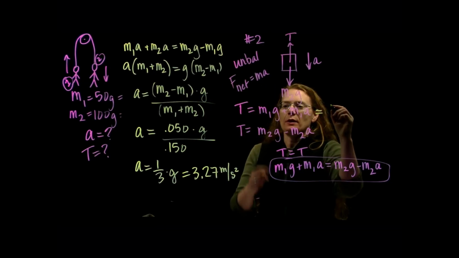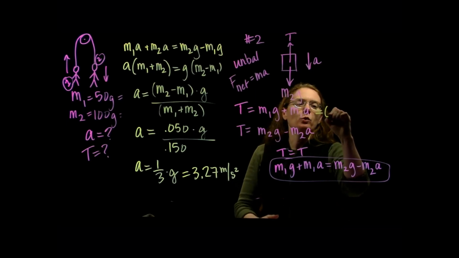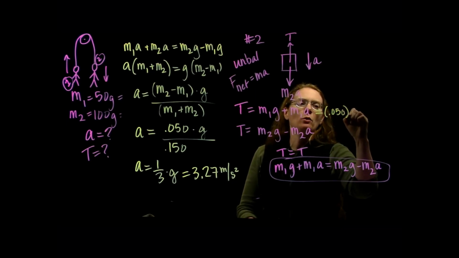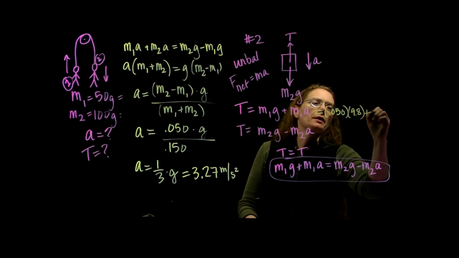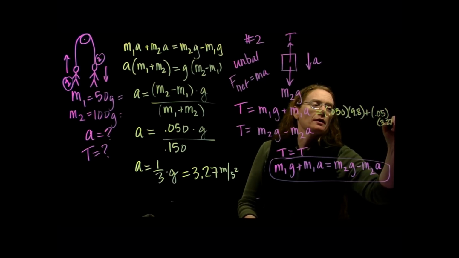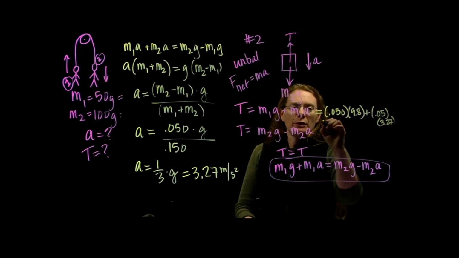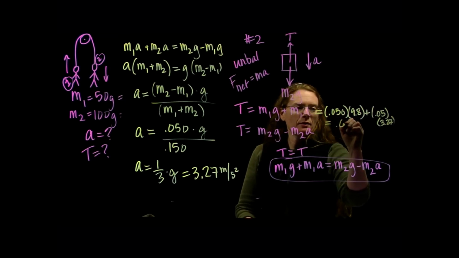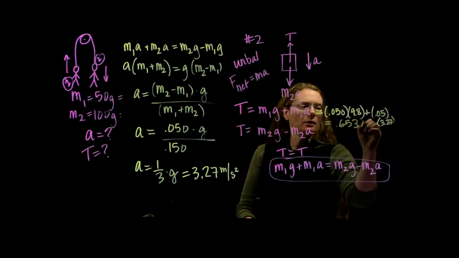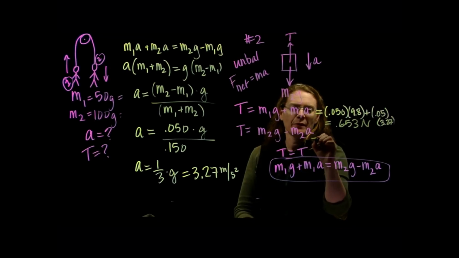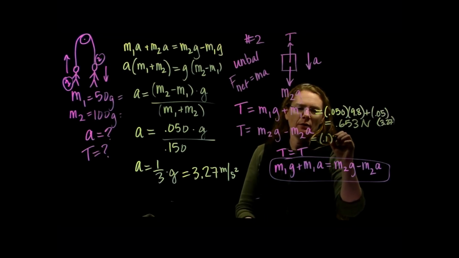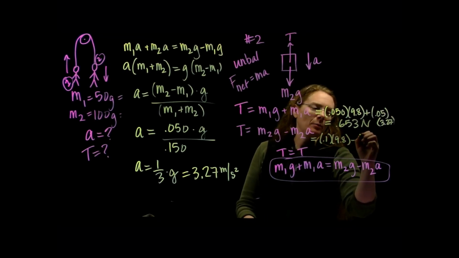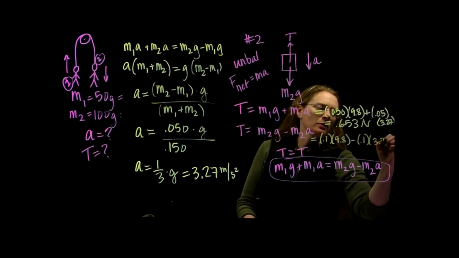So if I do this, M1 is 0.05 times 9.8 plus 0.05 times the acceleration, which was 3.27. And if we do that, we get 0.653 newtons. All right, let's do this one. This is mass 2, 0.1 times 9.8 minus 0.1 times 3.27.